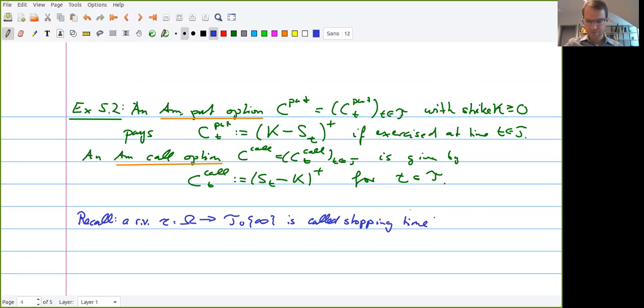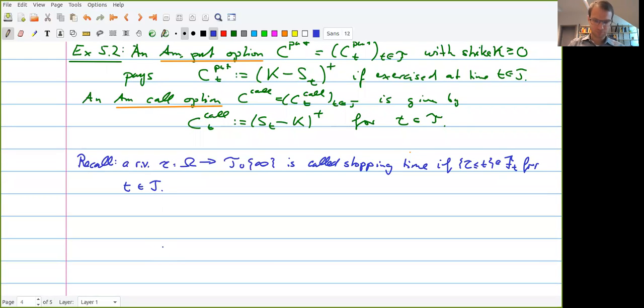We can decide at time t whether we want to exercise or stop or not, and this is expressed in terms of our filtration: the event that tau is less than or equal to t is F_t measurable, for t in T. This holds for all the possible times.